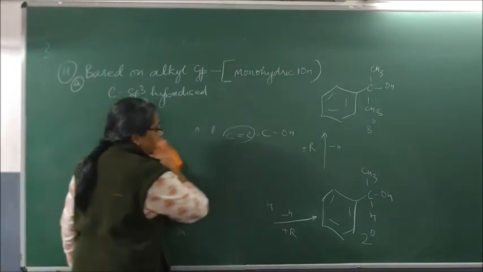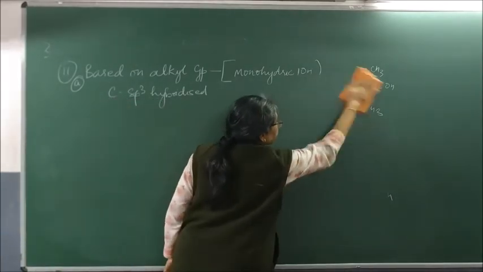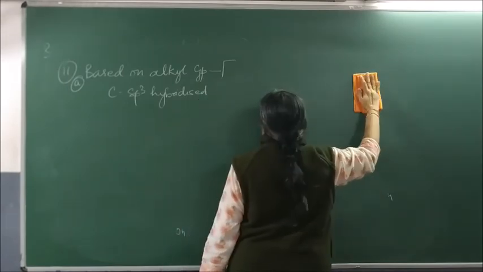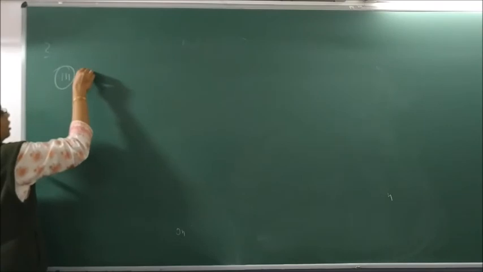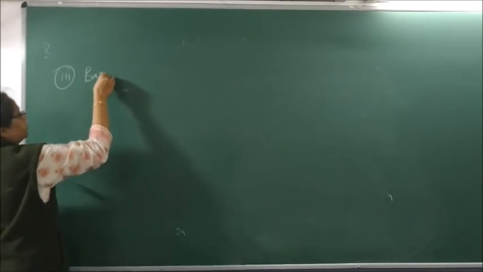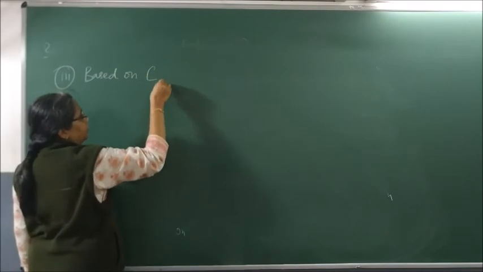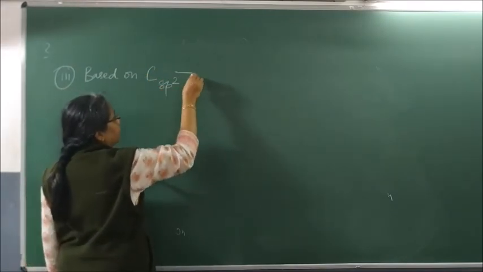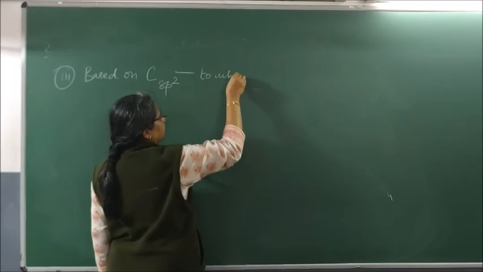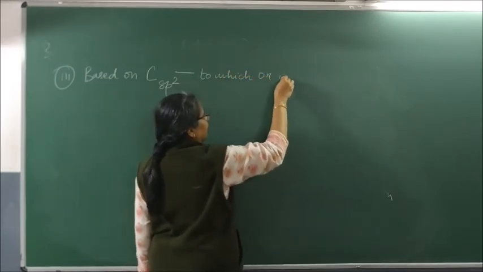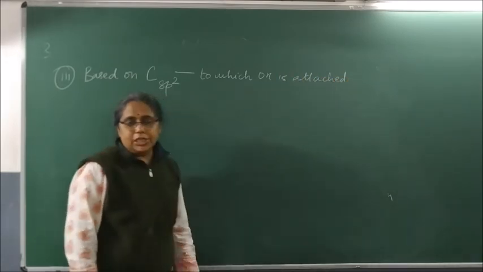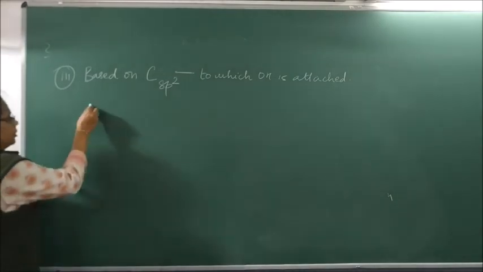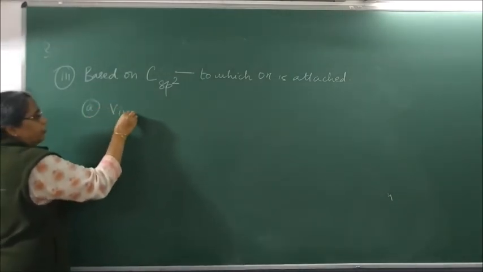Now our third classification of alcohol is based on the carbon which is sp2 hybridized, to which OH is attached. The first example of this is vinyl alcohol.